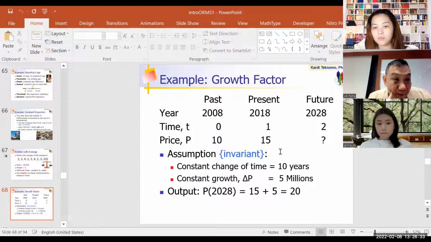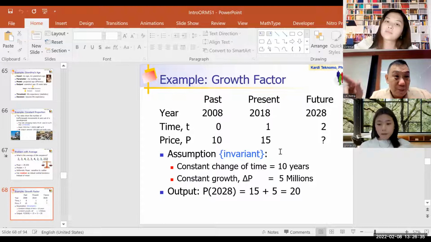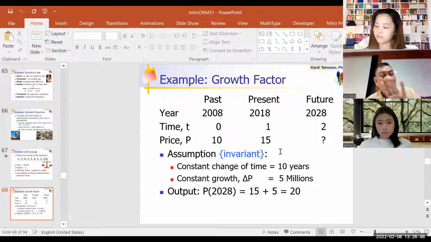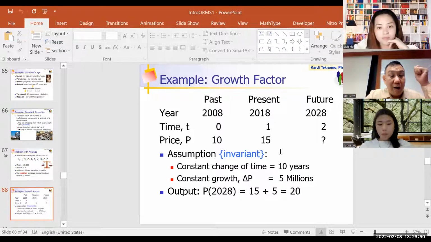Easy. You just repeat the same thing. 10 to 15 increased by 5, so the next one must be the same increase. Then you will ask, how do you know it's the same increase? Well, it's invariant, so it's an assumption.